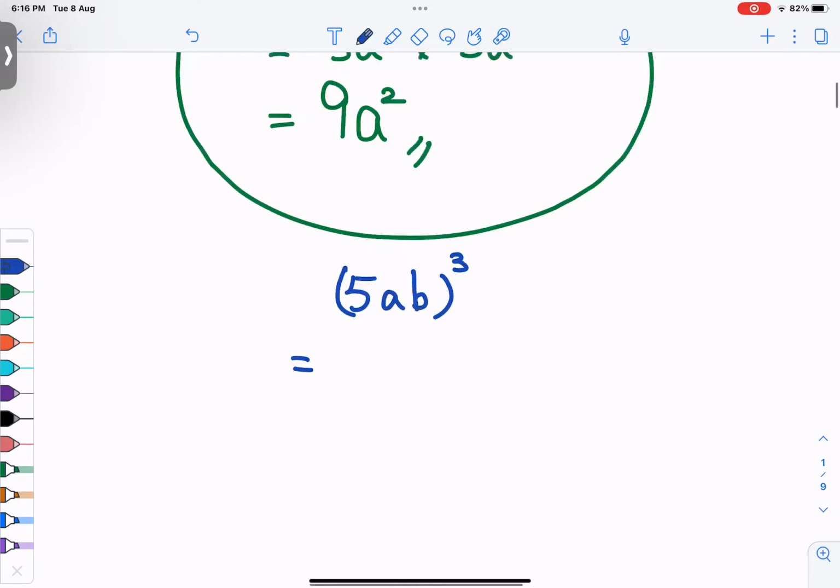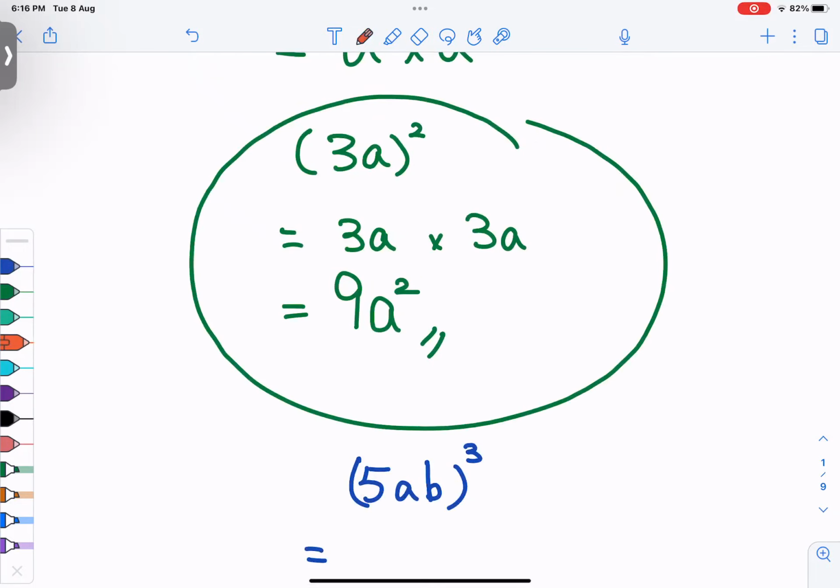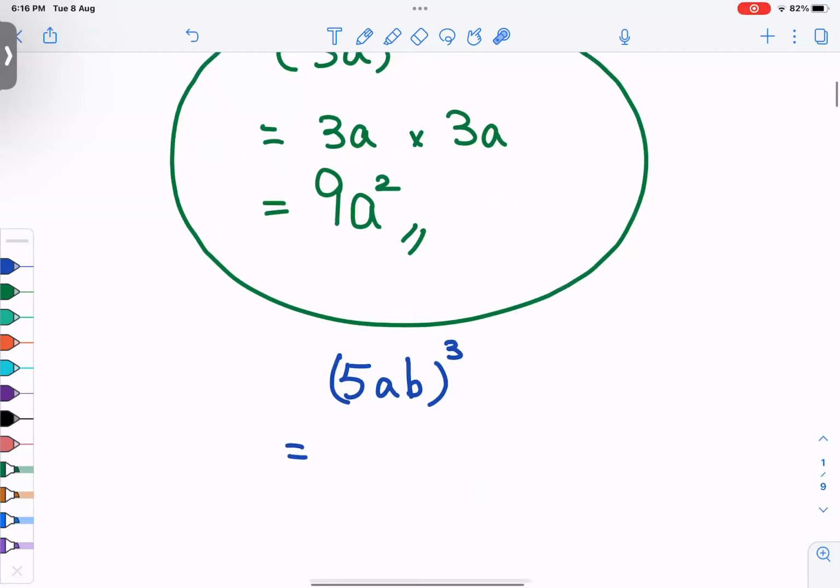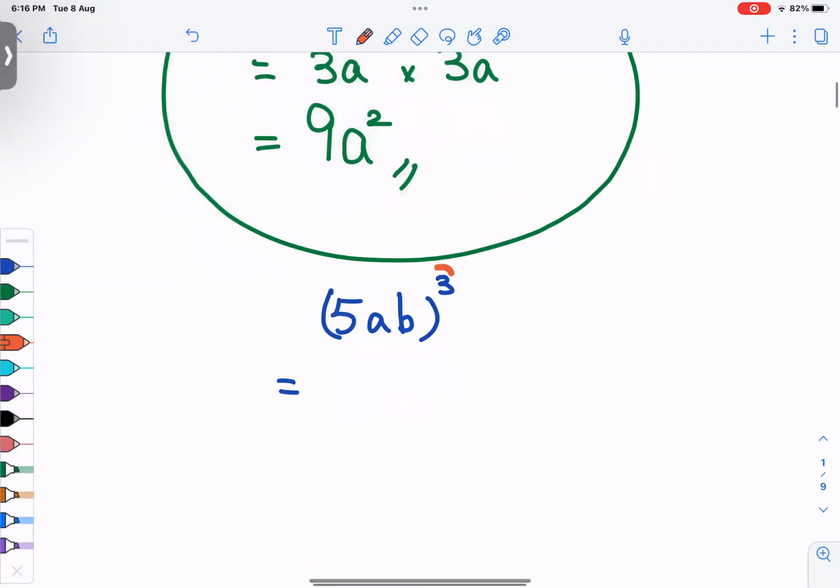So basically what happened here as well was this square was given to everything inside. It was given to 3 and it was also given to a. So 3 square means 3 times 3. You got 9 and then a square there. So same for this. You give this power 3 to everything inside, so you have 5 cubed, A cubed, and B cubed.